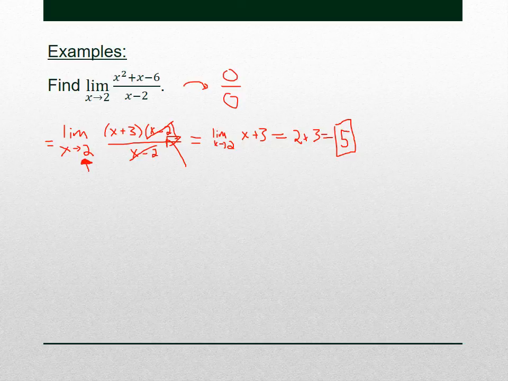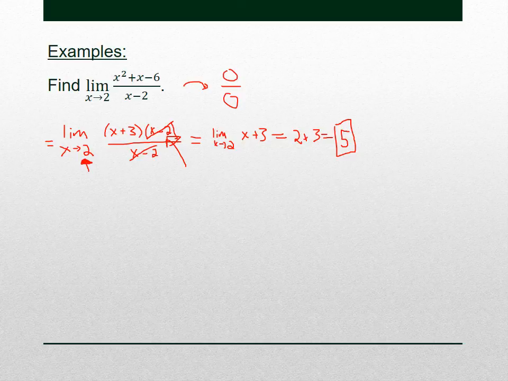Similarly, if you were instead taking the limit as x approaches 7 and you got this indeterminate form 0 over 0, then you know x minus 7 would be the thing that should cancel out and would be a factor of both the numerator and denominator. If you were taking the limit as x approaches negative 7, then x minus negative 7, which is x plus 7, would be your problem guy that you should be able to factor out and cancel.